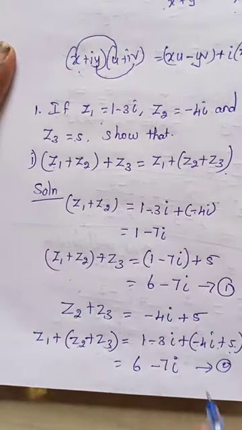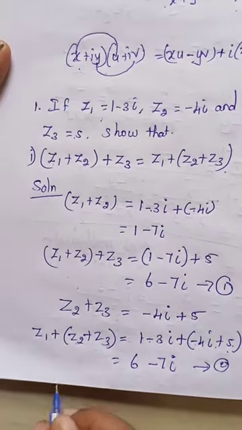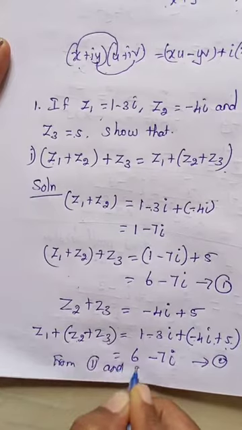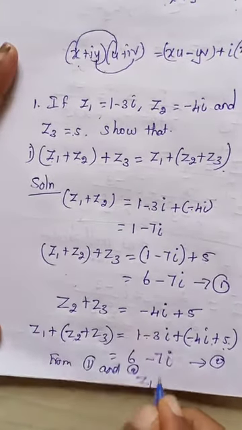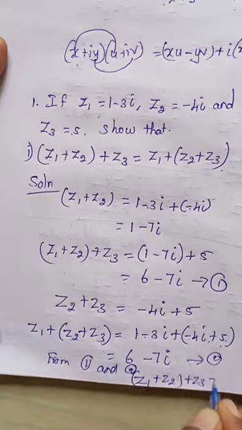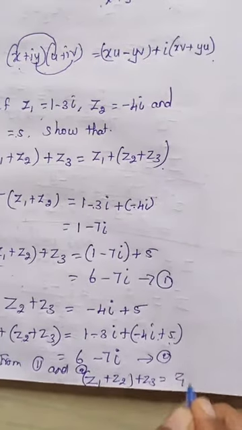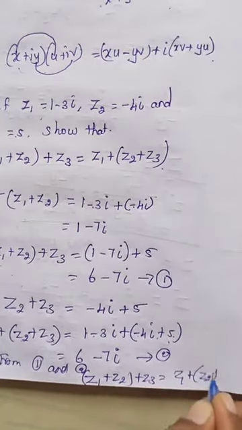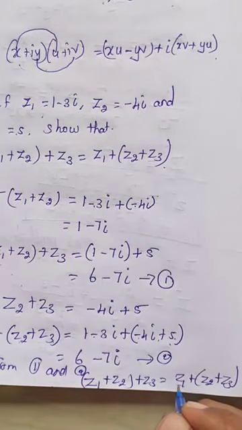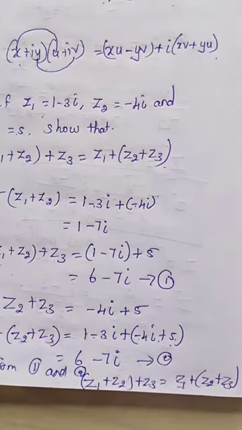See, both 1 and 2 are equal. So from equations 1 and 2, Z1 plus Z2 plus Z3 is equal to Z1 plus Z2 plus Z3. Simple, isn't it? Now the second subdivision is the associative law for multiplication.